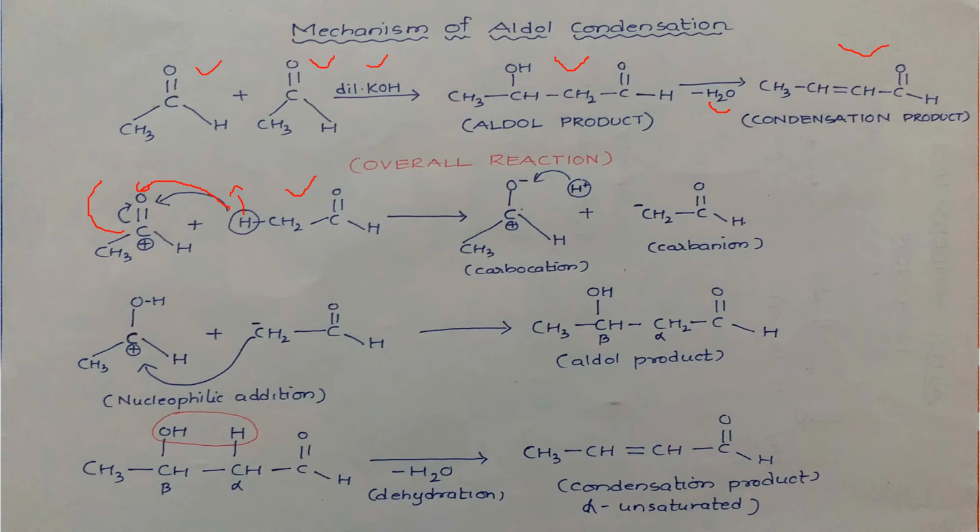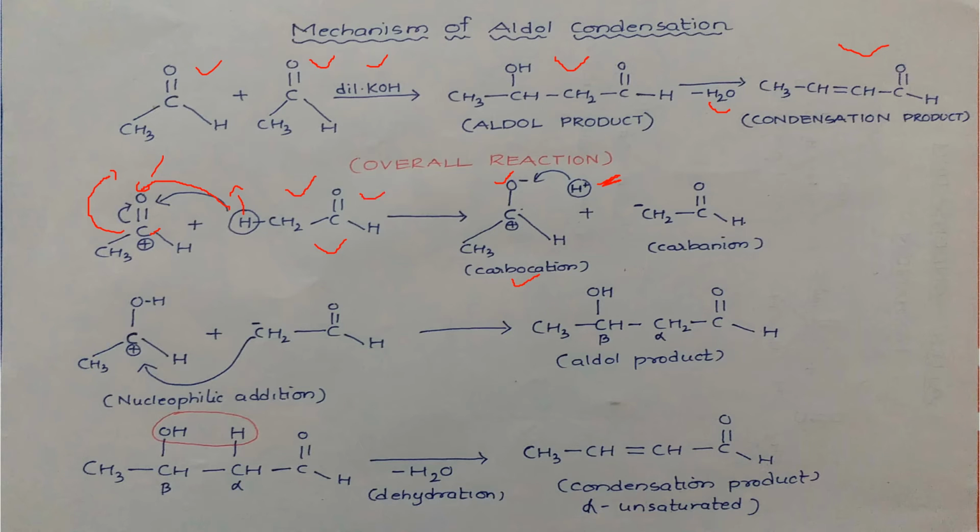The pi electron is shifting onto oxygen and oxygen will be negatively charged, and the carbonyl carbon develops positive charge. So the hydrogen ion furnished by this aldehyde molecule will get attached here. Now just see what's happening. This is the hydrogen ion given by the second aldehyde molecule. It's getting attached onto this oxygen. As a result, we get a carbocation.